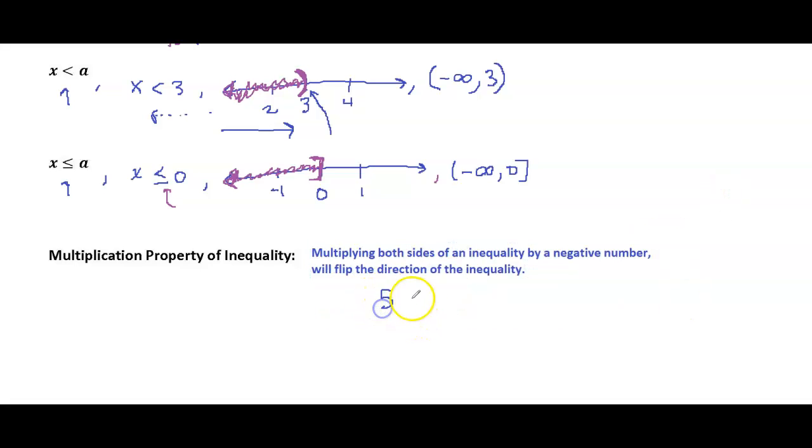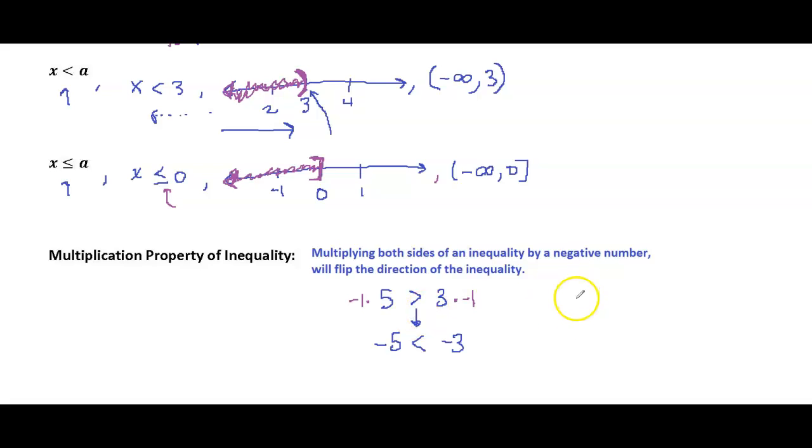We know that 5 is greater than the number 3. But suppose we multiply both sides by negative 1. Negative 1 times 5 is negative 5, and 3 times negative 1 is negative 3. Well, now we can see if we compare negative 5 and negative 3, negative 5 is less than negative 3. And so that inequality sign changes direction.